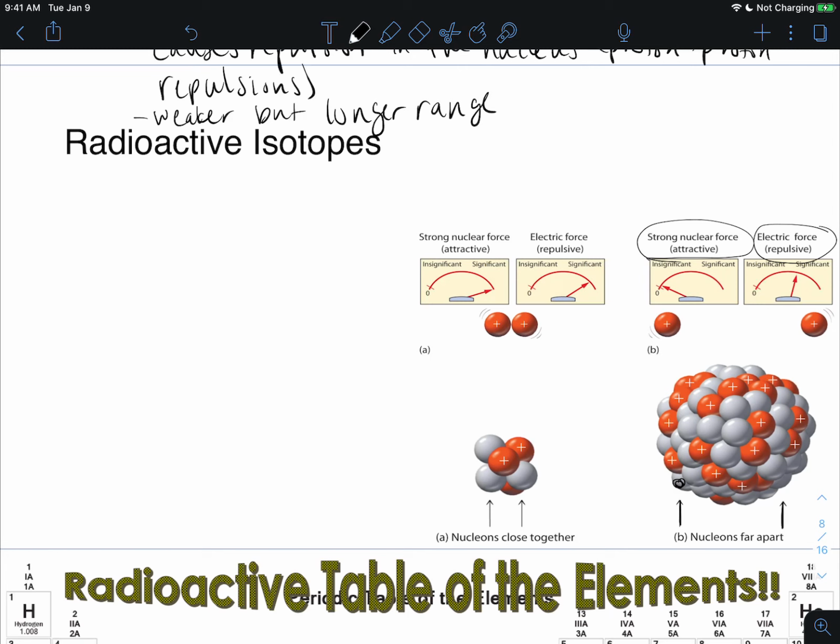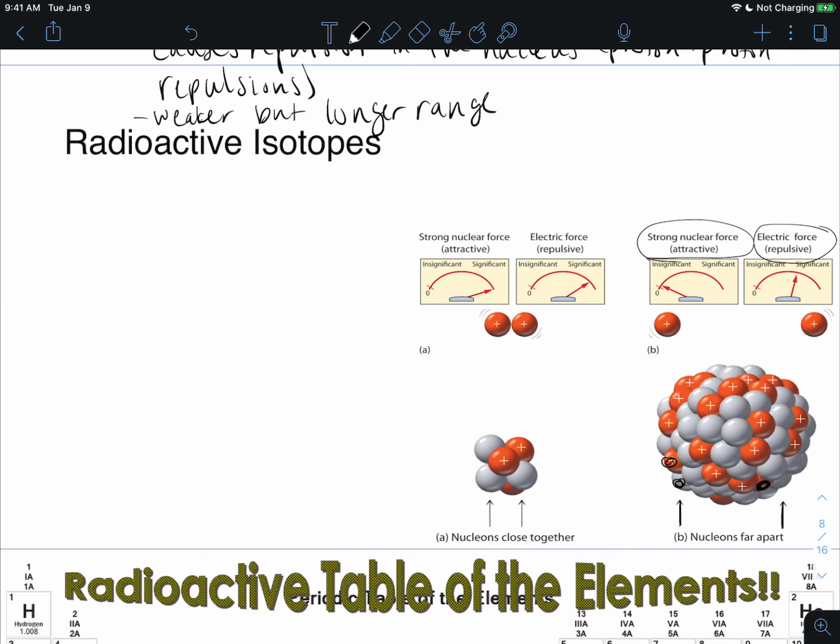So this nucleon can no longer attract this nucleon, but this proton can repel this proton. It's just a balance between those attractive and repulsive forces, and the balance just is not quite right as we get to large enough nuclei.